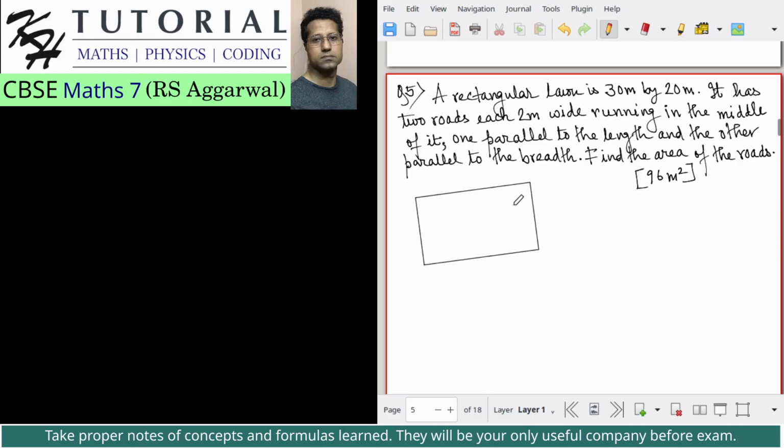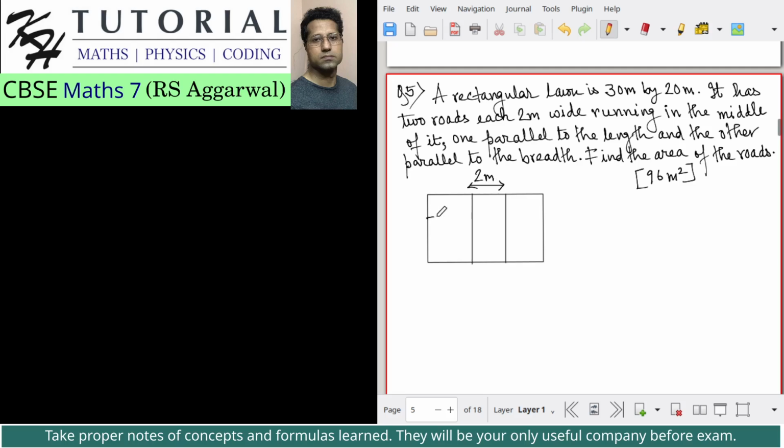Let this be the rectangular lawn, and we have 2 roads, each of 2 meter wide. Let's say this is the road of 2 meter wide, running parallel to the breadth, along the breadth in the middle.